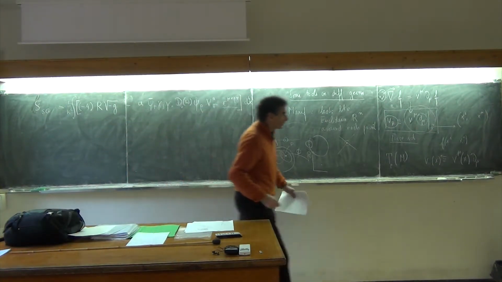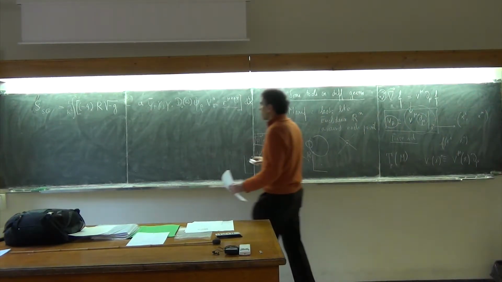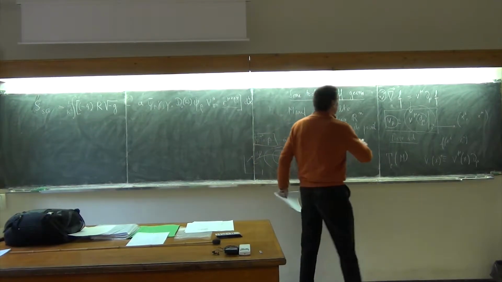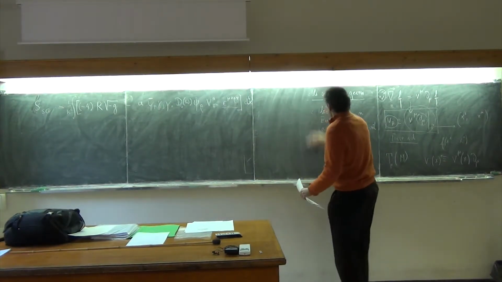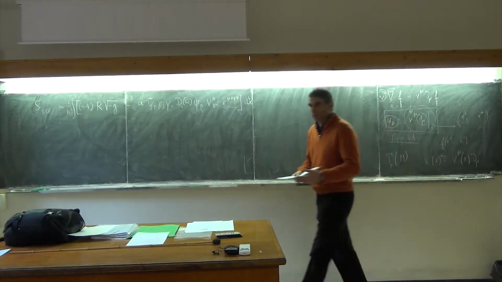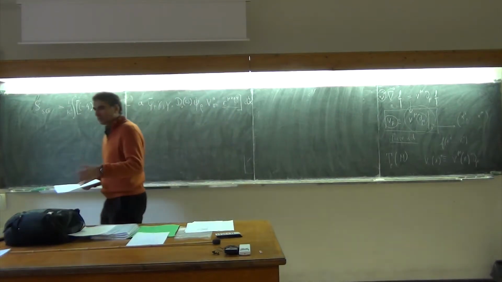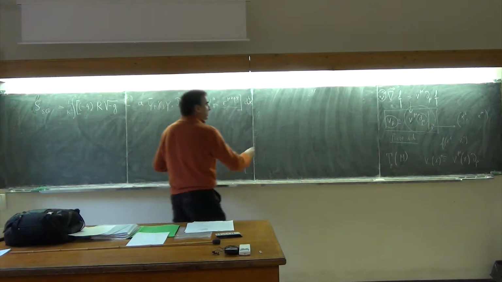Having introduced vectors, now I introduce forms. As you see, I'm going quite quickly through this. And I will introduce forms as the objects that are in fact dual to vectors, dual in the duality sense of vector spaces also. And I will start immediately with an example.